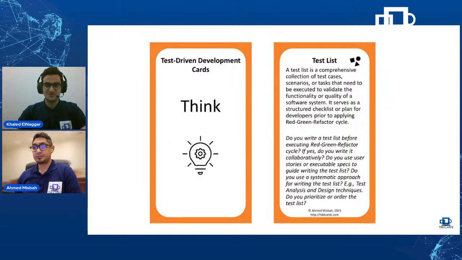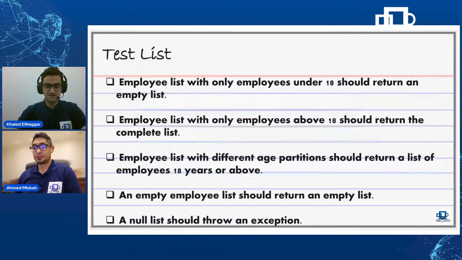Yes, Ahmed. We wrote the following test list driven by the acceptance criteria, and it reads as follows. In the first test, we have an employee list with only employees under 18 years, in which case we should return an empty list as none of the employees are over 18.